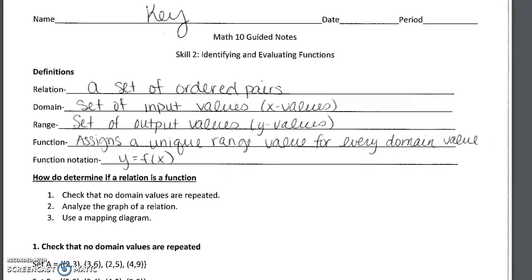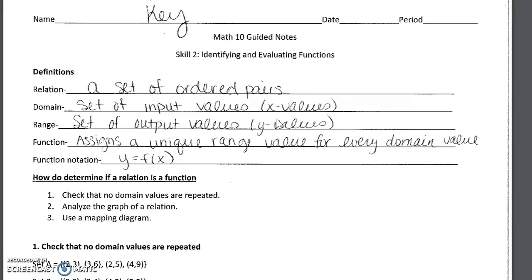Going back up to the definition for domain, domain is a set of inputs. Over there you can see it says inputs, it also says x values. So domain are your x values, your input values. So three different words mean the same thing: domain, input, and x values. Underneath there you have range. So again, three words: range, output, and y values.